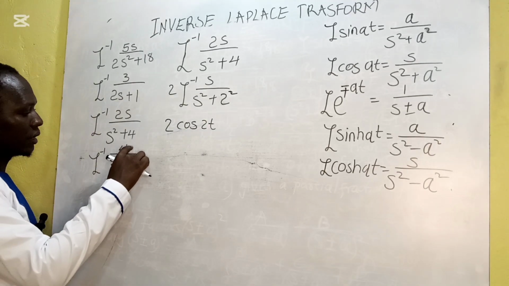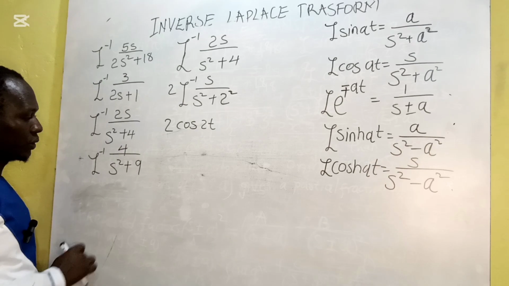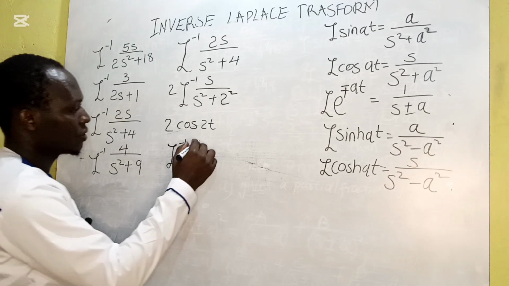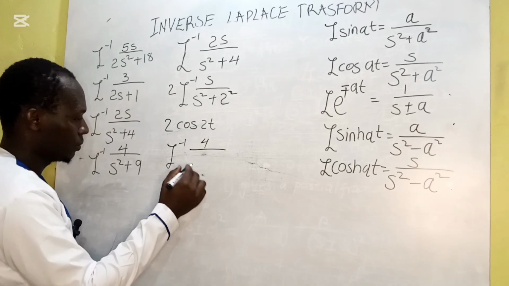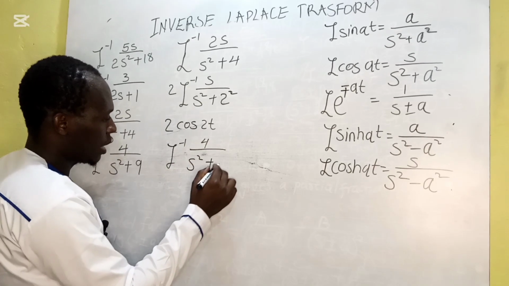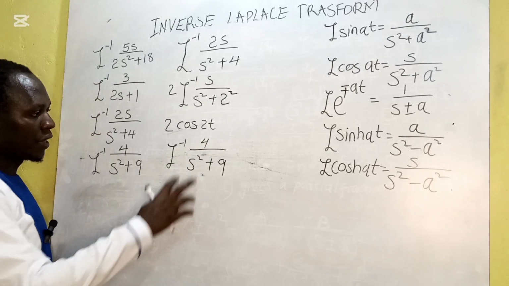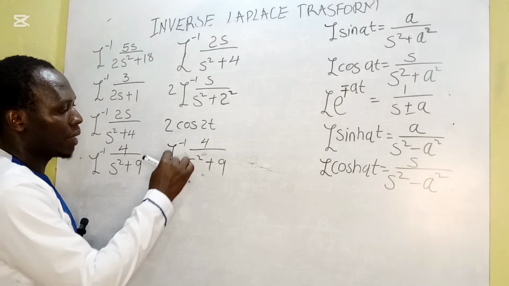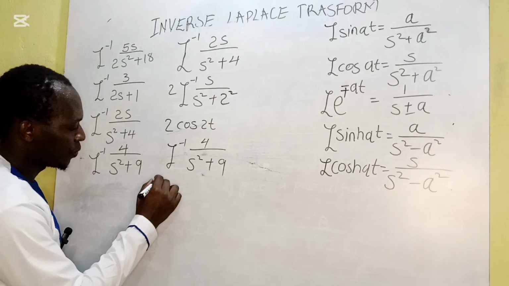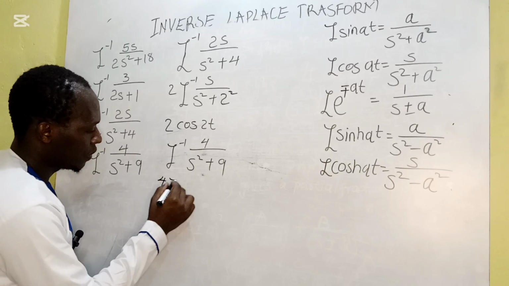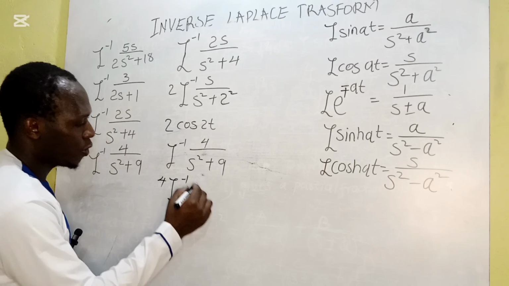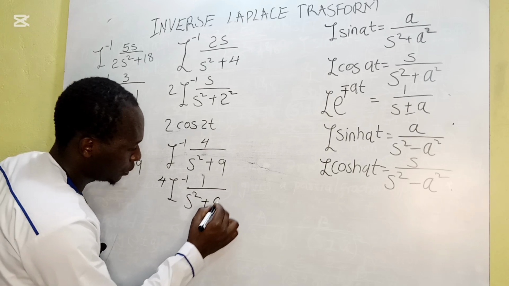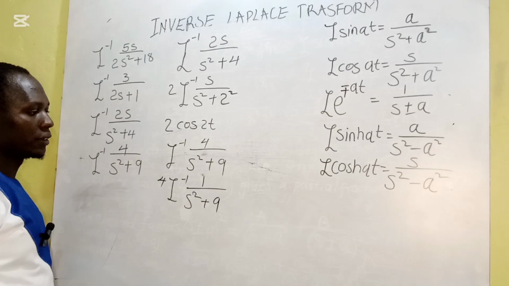Let us now get into our last function, the inverse Laplace transform of 4 all over s squared we add to 9. Here now, on our numerator, we can come and have 4, the inverse Laplace transform of 1 all over s squared we add to 9.